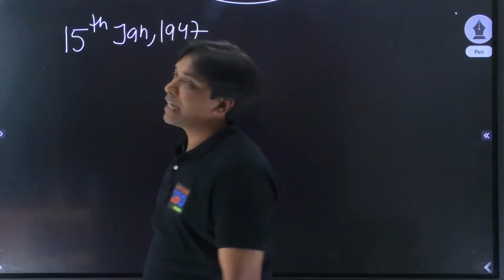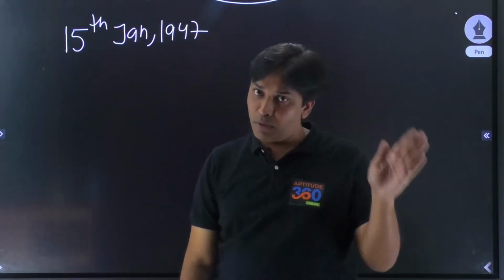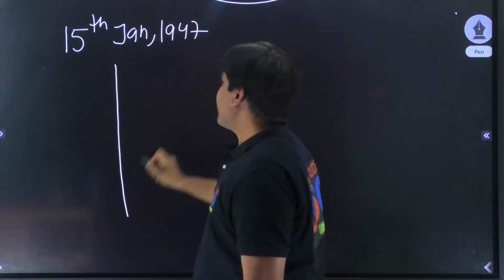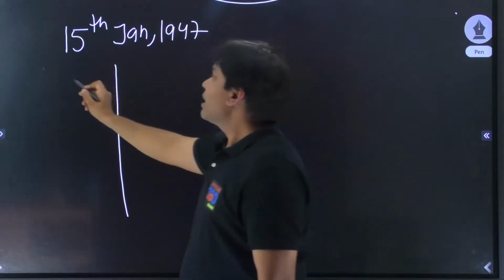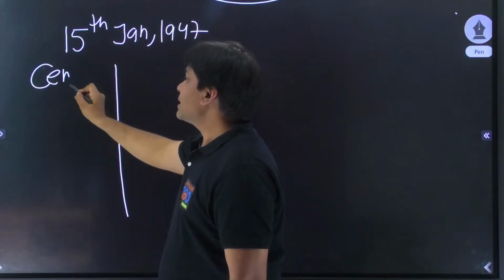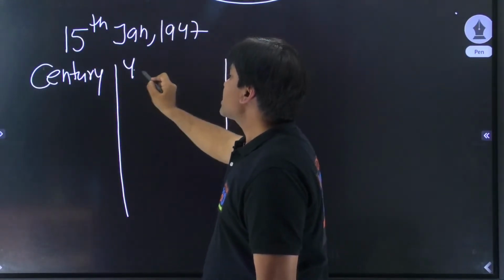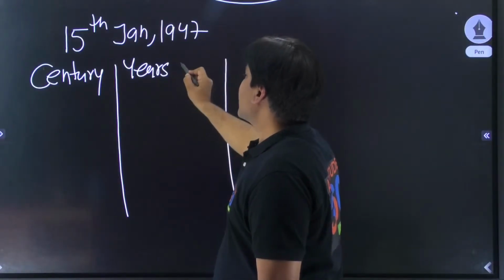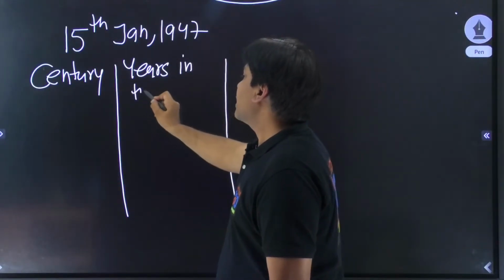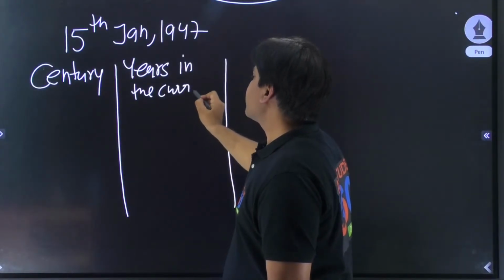What was day of the week? And I say that since you have been asked this problem, इसको 3 parts में divide करेंगे. How many centuries are completed? How many years have been in the current century?